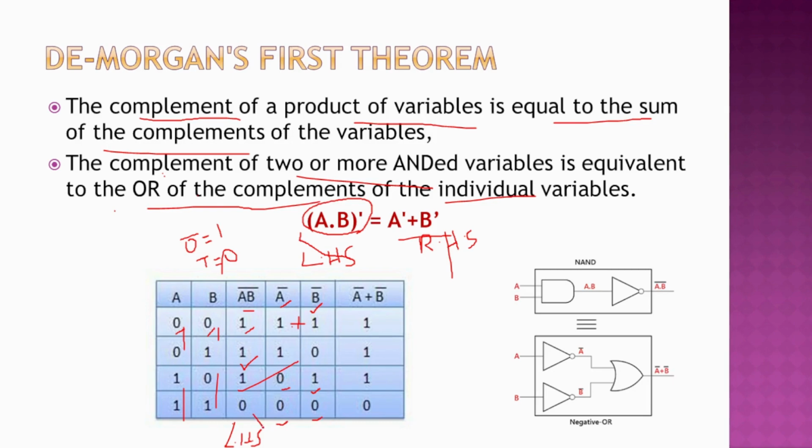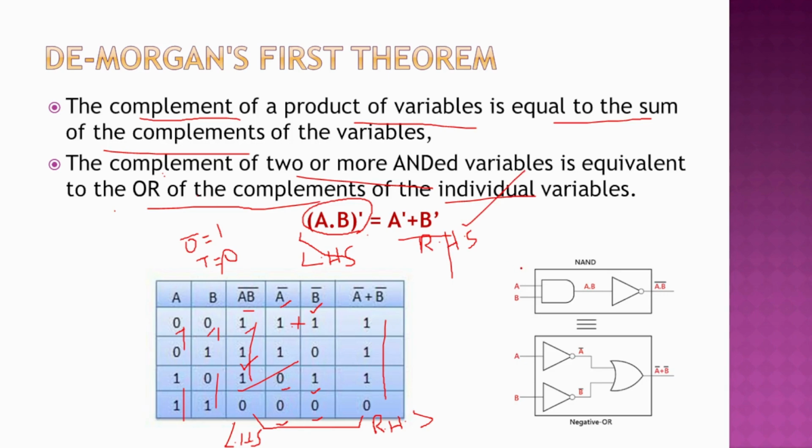You will compare both values. This is the RHS value. So this is 1 1 1 0 and this is 1 1 1 0. So both are equal, the proof is correct, and this proof will be used in Boolean expression simplification.